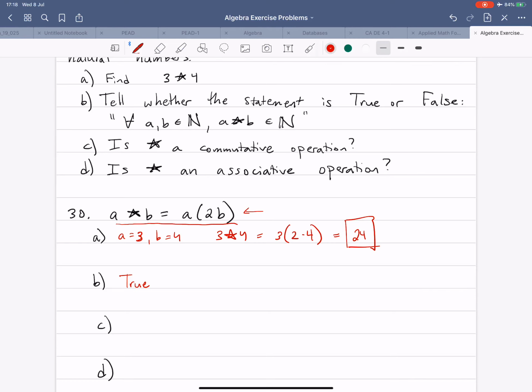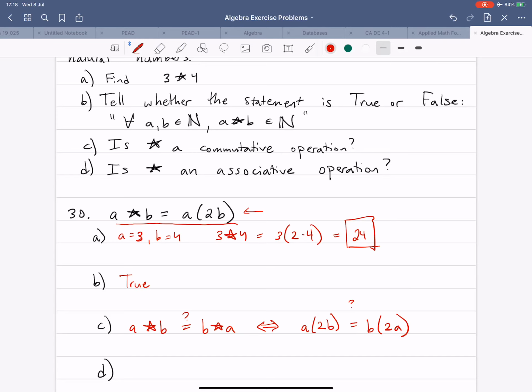Is star a commutative operation? That's asking, is A star B the same as B star A? Well, that's the same if A times 2B is the same as B times 2A.